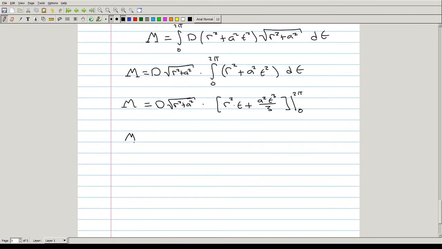So the total mass then is equal to d times the square root of r squared plus a squared times r squared times 2 pi plus a squared over 3 times 2 pi cubed.